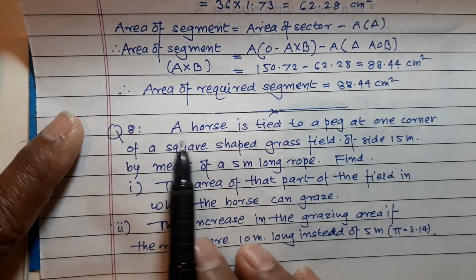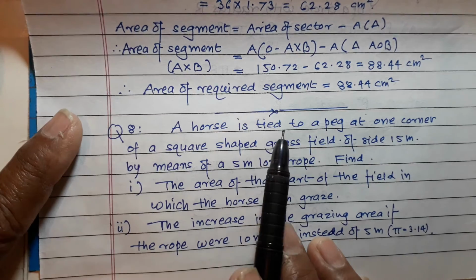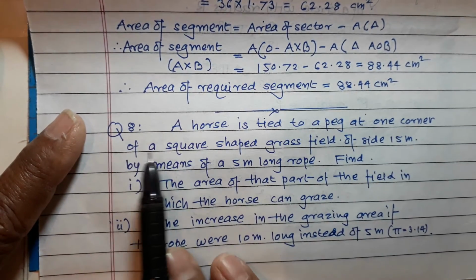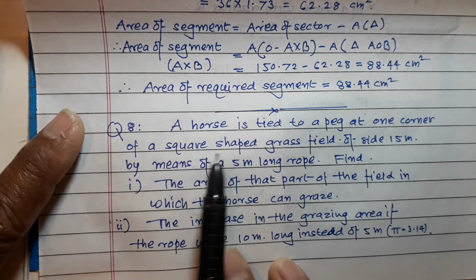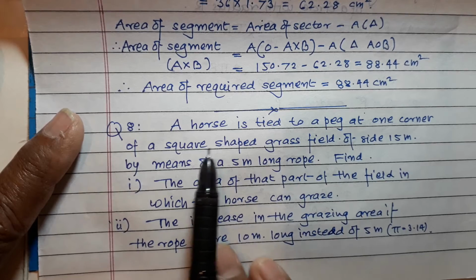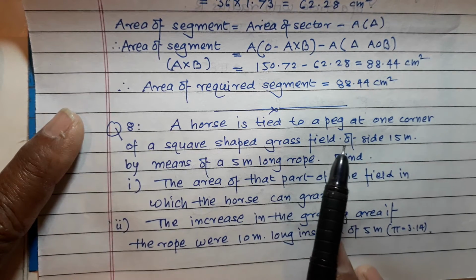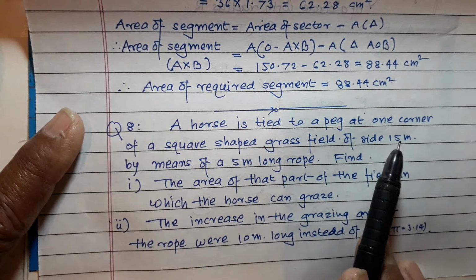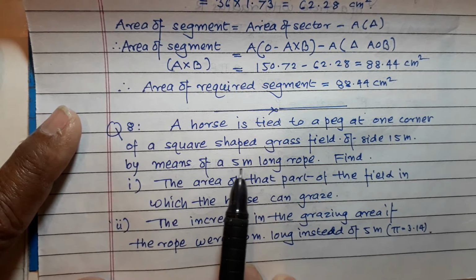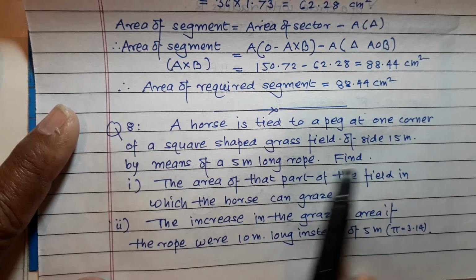Question number 8. A horse is tied to a peg at one corner of a square-shaped grass field of side 15 meter by means of a 5 meter long rope.